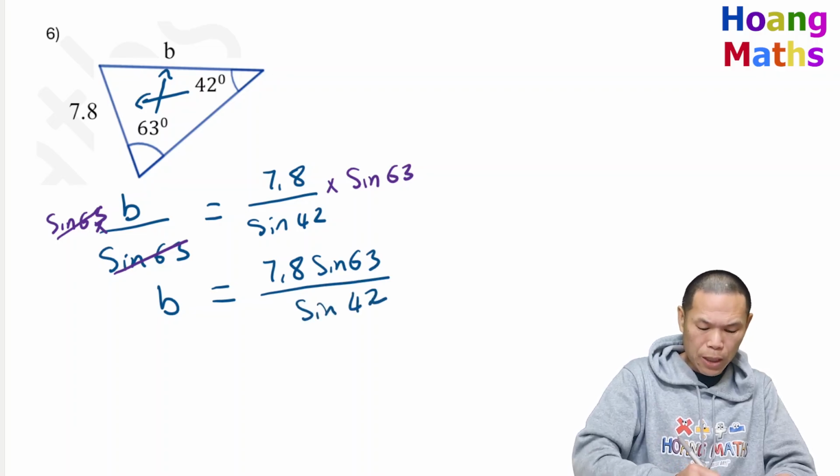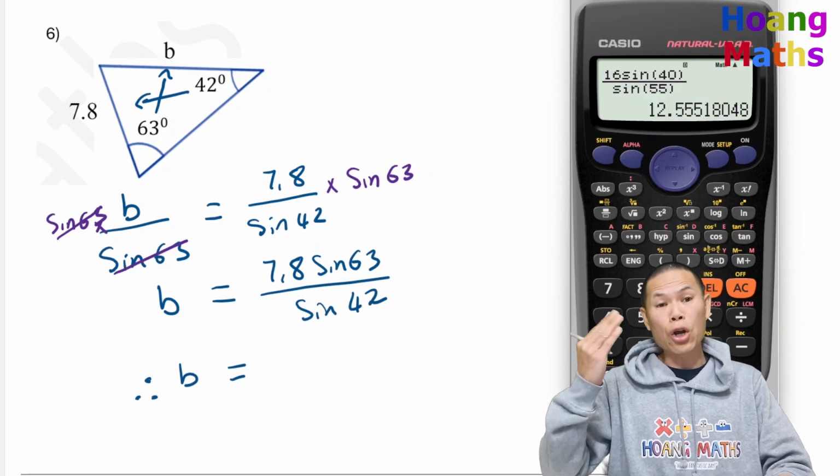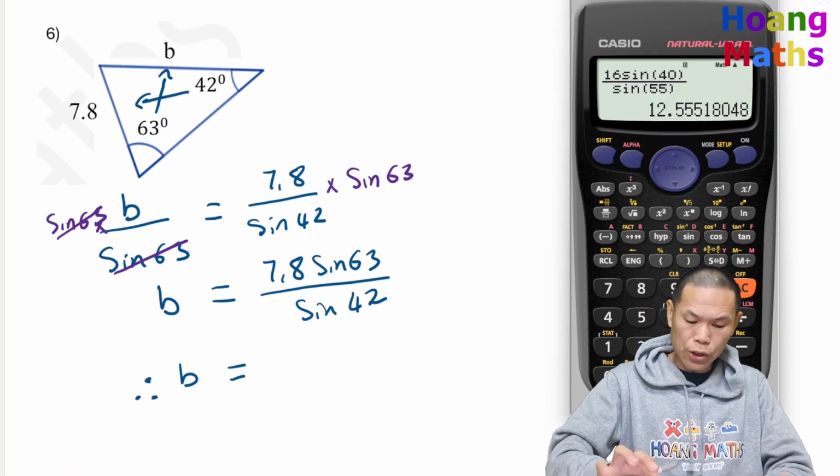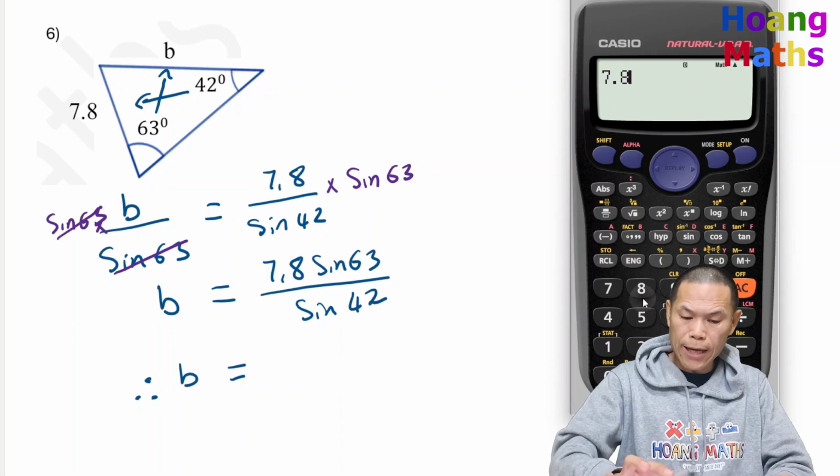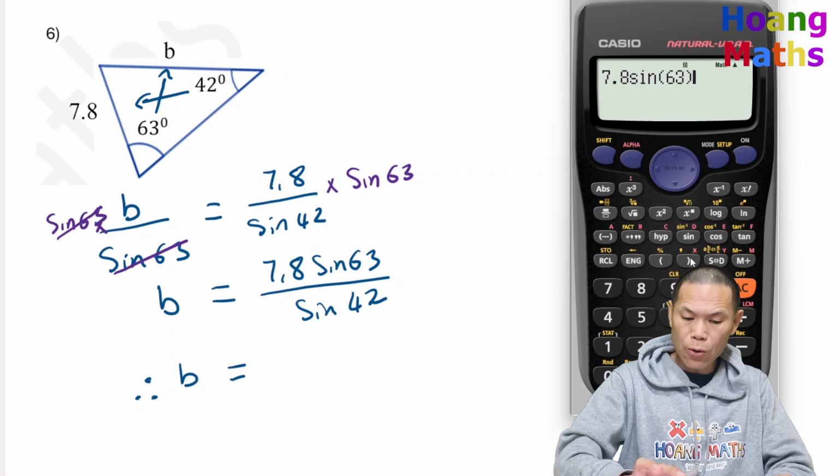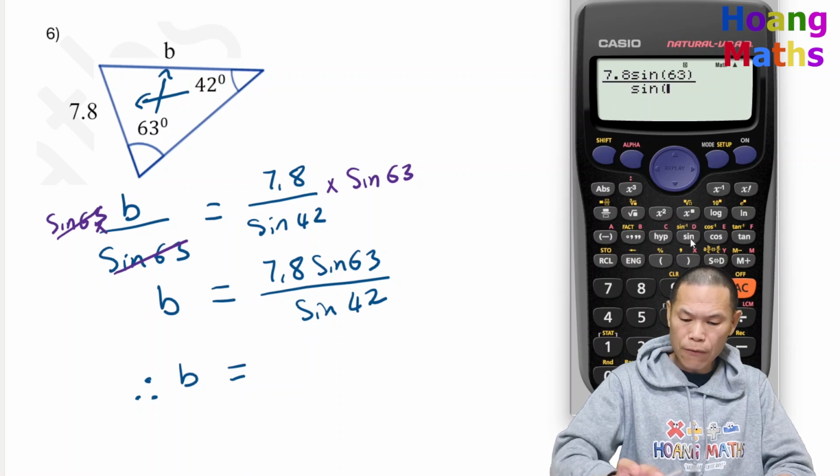So therefore B is, so just put it on a calculator. So just go 7.8 sine of 63 over sine 42.